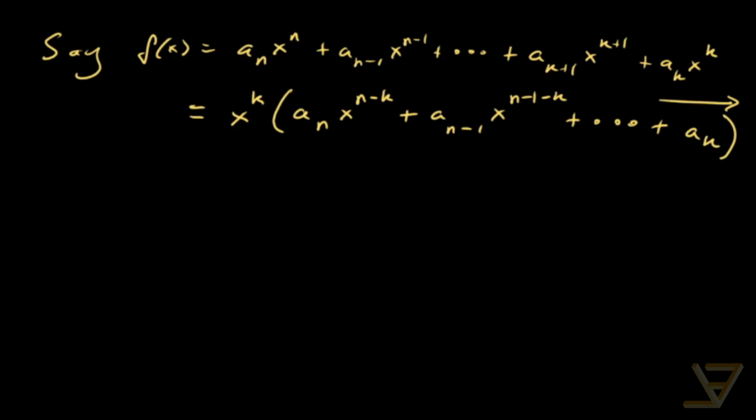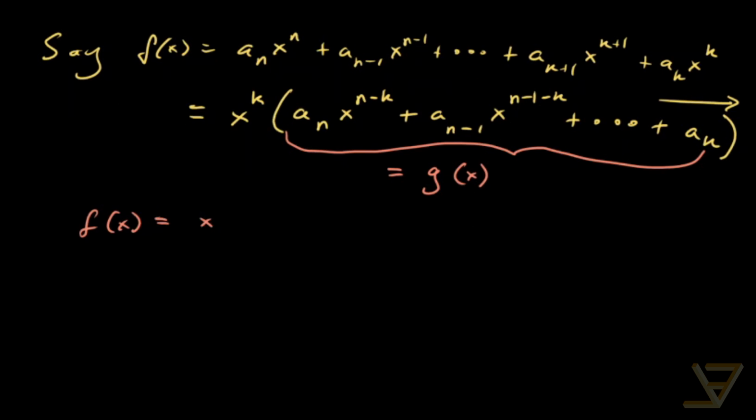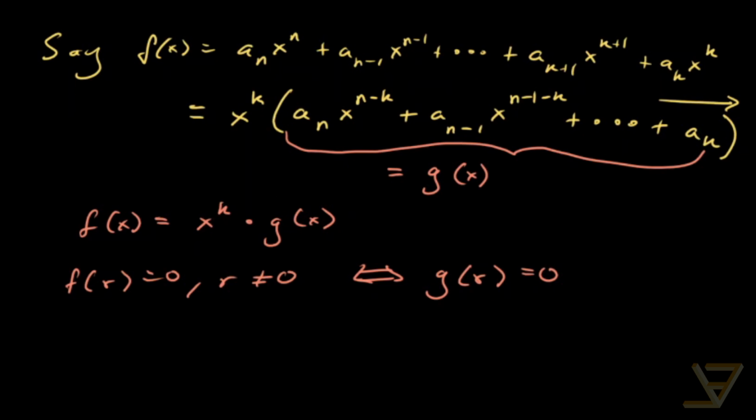What we'll do is take the inside polynomial and let it equal g of x. So then f of x is equal to x to the k times g of x, and f of r equals 0 for r not equal to 0, so r is a non-zero root of f if and only if g of r is 0. So all the non-zero roots of f are the roots of g, and all the roots of g are the non-zero roots of f.